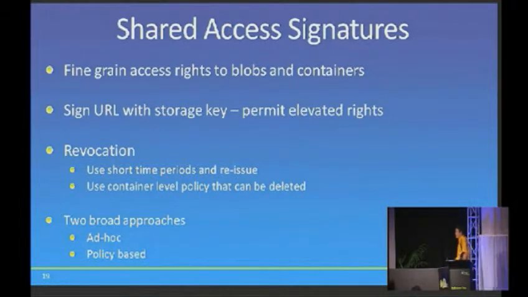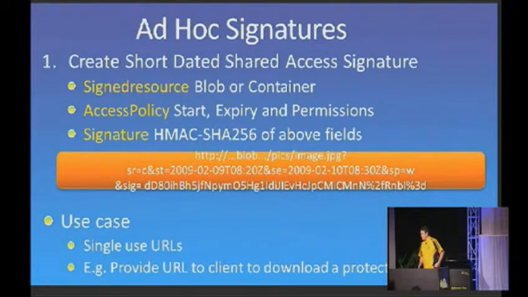So we have two broad approaches to using shared access signatures. The first is what I call ad hoc signatures. In ad hoc signatures, we have our blob, and we then specify what resource we want to provide elevated rights to. That's either going to be at the blob level or at the container level. We specify an access policy, which is a start time, an end time, and a set of permissions.